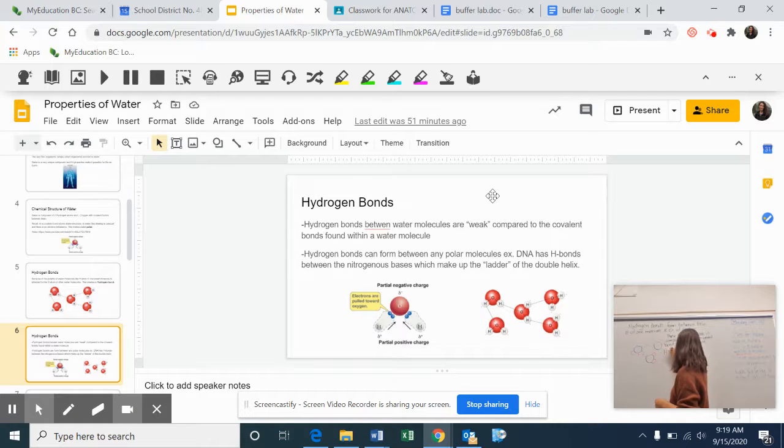I'm just going to shorten hydrogen bonds to H bonds. Hydrogen bonds can form between any polar molecules.